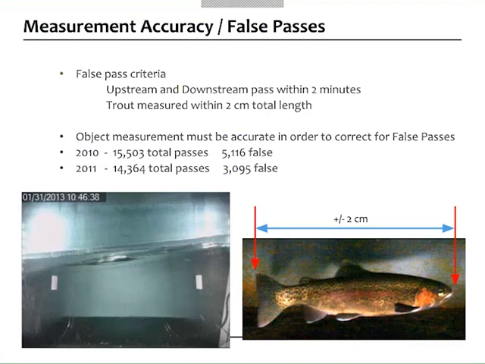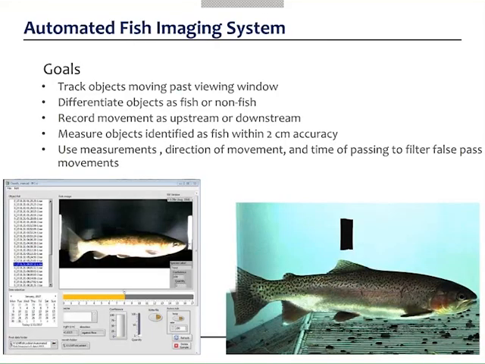And then false passes is recognizing that the same fish went past the camera in either direction within, I think they're using 2 minutes. Yeah, so if it goes up and then down and the trout was measured within 2 centimeters, then it's a false pass. So that's really important in knowing just how effective their fish ladder is.